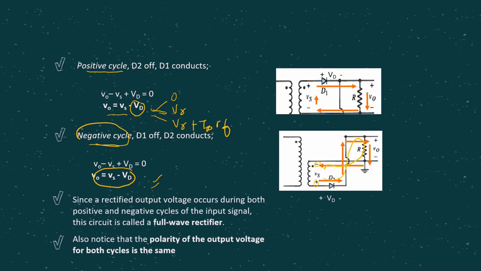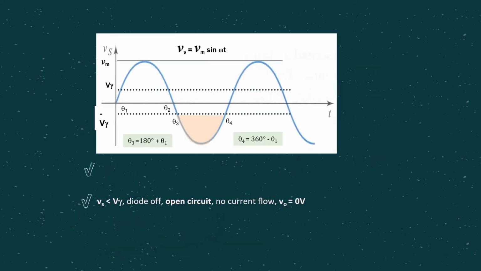As you can see, that's why this circuit is called a full wave rectifier, because we can get the output voltage at both positive and negative half cycles. The polarity of the output voltage is the same for both half cycles.